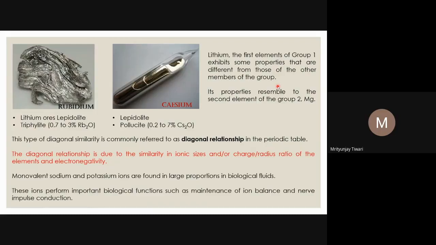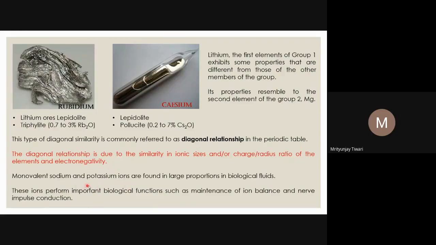So that is also diagonal relationship. The diagonal relationship is due to the similarity in ionic size, charge radius ratio or charge size ratio of the elements, and the similar electronegativity as well.